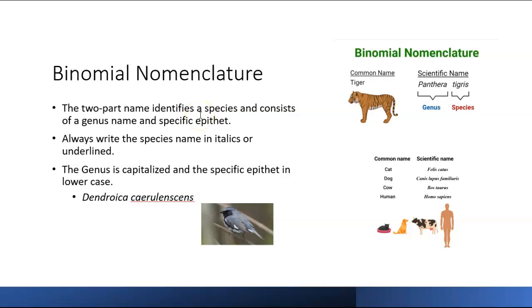There are some rules about how we write the scientific name. We always capitalize the first name, the genus name. Dendroica is the genus, and the second name, the specific epithet, is not capitalized. This is carolinensis. When we type it, we italicize it, or underline it if we write it by hand.